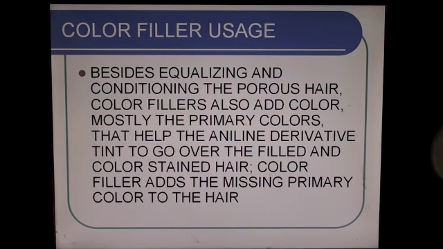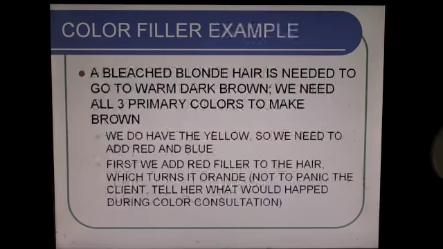Color filler adds the missing primary color of the hair. So let's say we're going from blonde to brown. We have the blonde, which is yellow. What is missing is the red and the blue. So there are different kinds of color fillers: red, blue, even yellow.